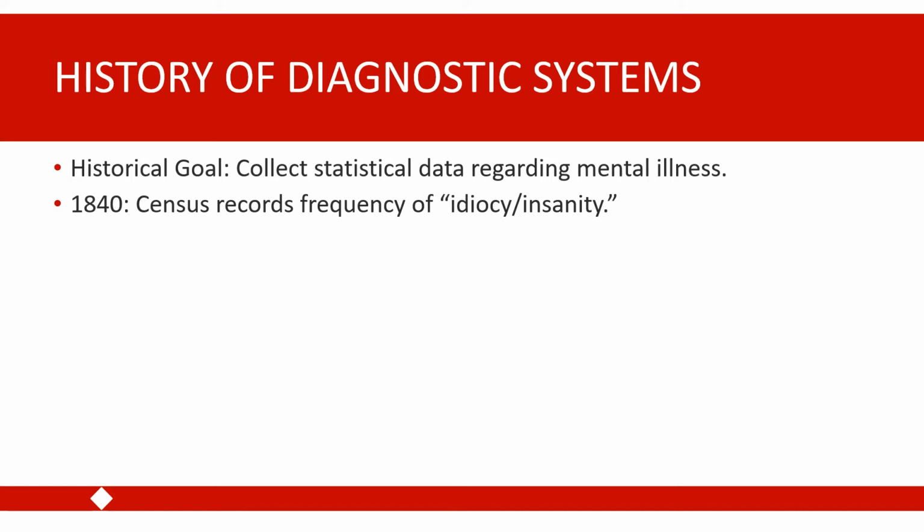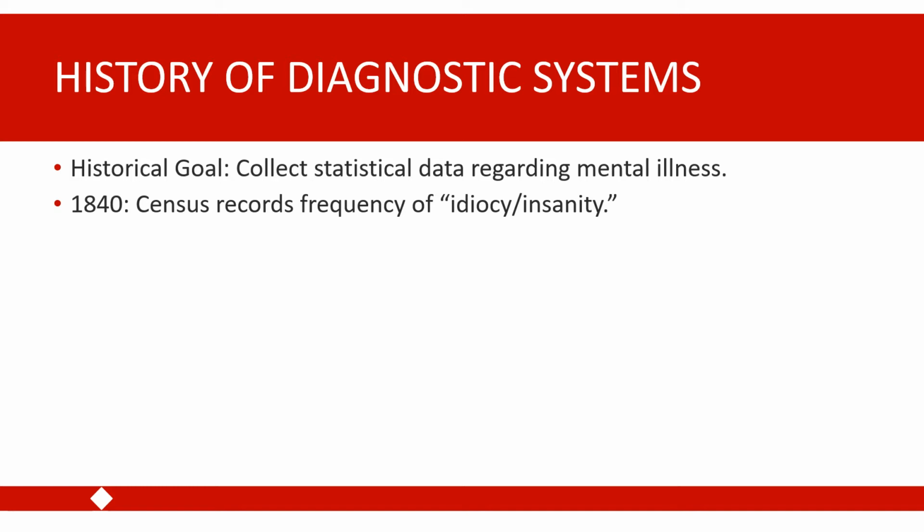So for example, shortly after the census in 1851, Samuel A. Cartwright, who was a physician in the southern United States, proposed a new psychiatric disorder called drapetomania. And the primary symptom of drapetomania was when an enslaved person would attempt to escape. So this was seen as a symptom of a psychiatric illness that was characterized as a disorder.